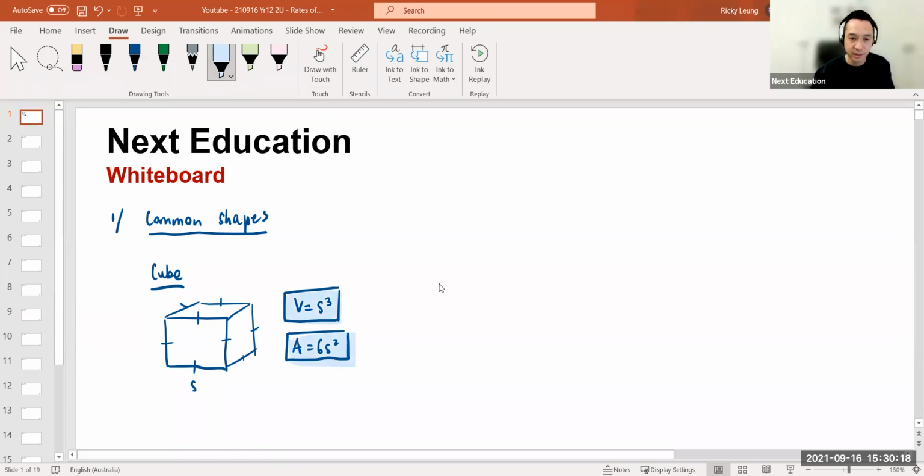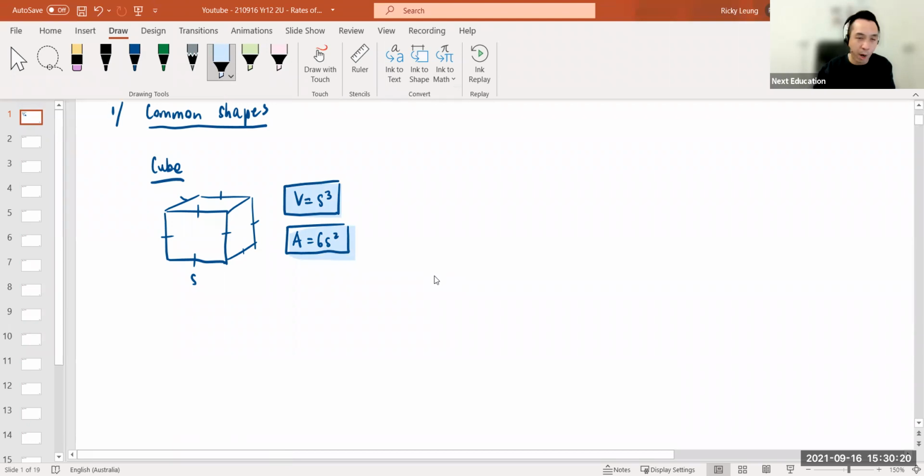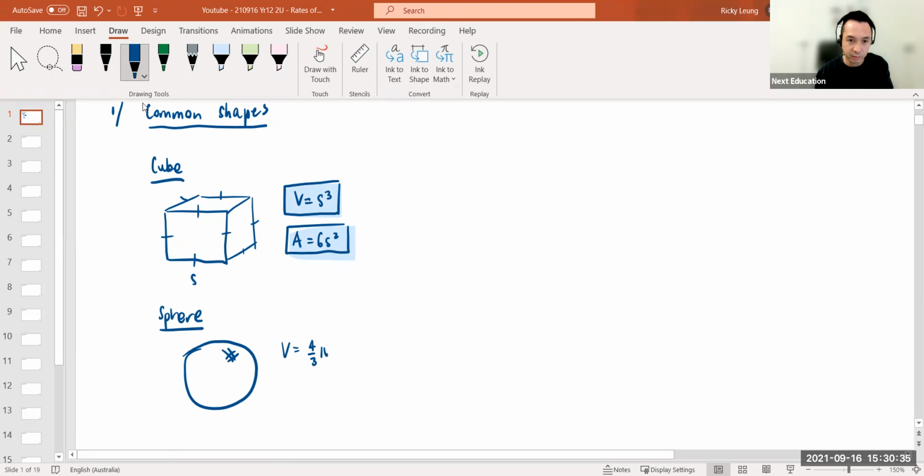Now, the next most common one, in fact probably the most common question type, is a sphere. We all know that from our year 8 studies, or year 9 for some of you, year 10 for some of you, and the volume of a sphere is 4/3 pi r cubed.